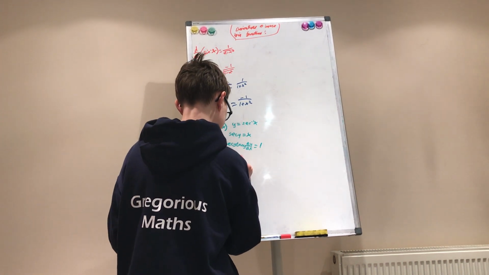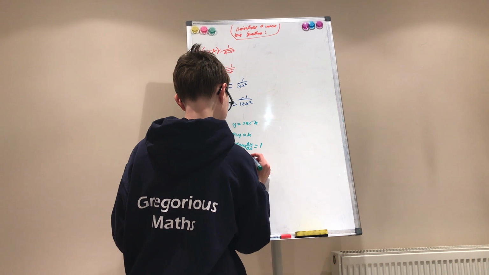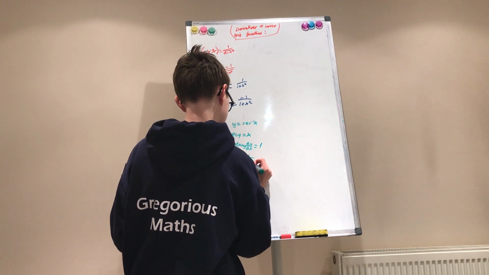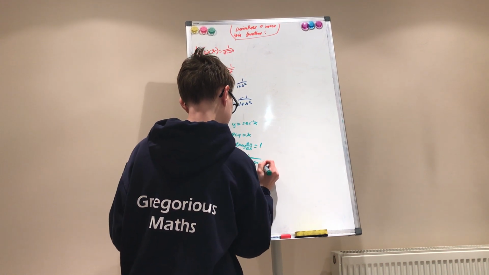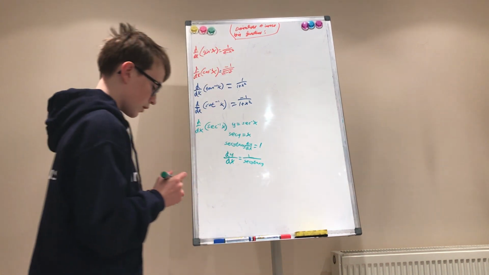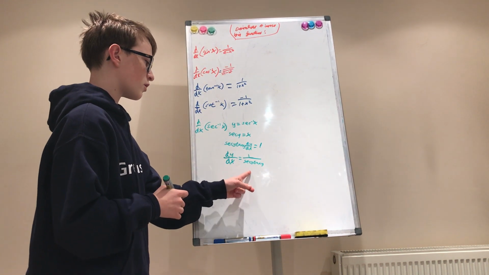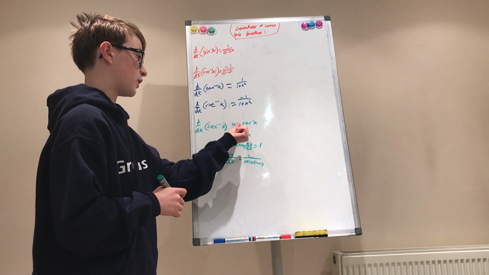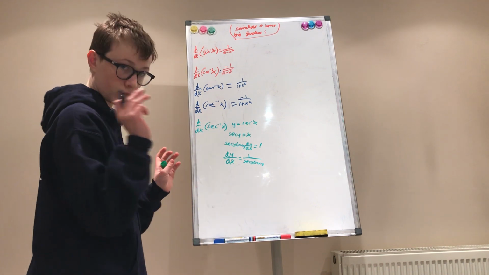So dy dx equals 1 over secant y tangent y. And our best hope is to plug in y. So, here we go.